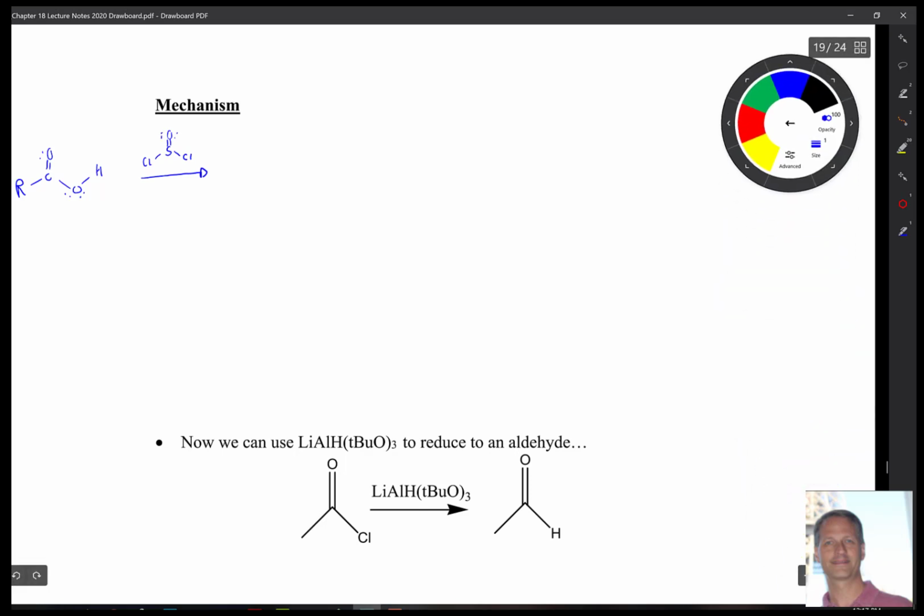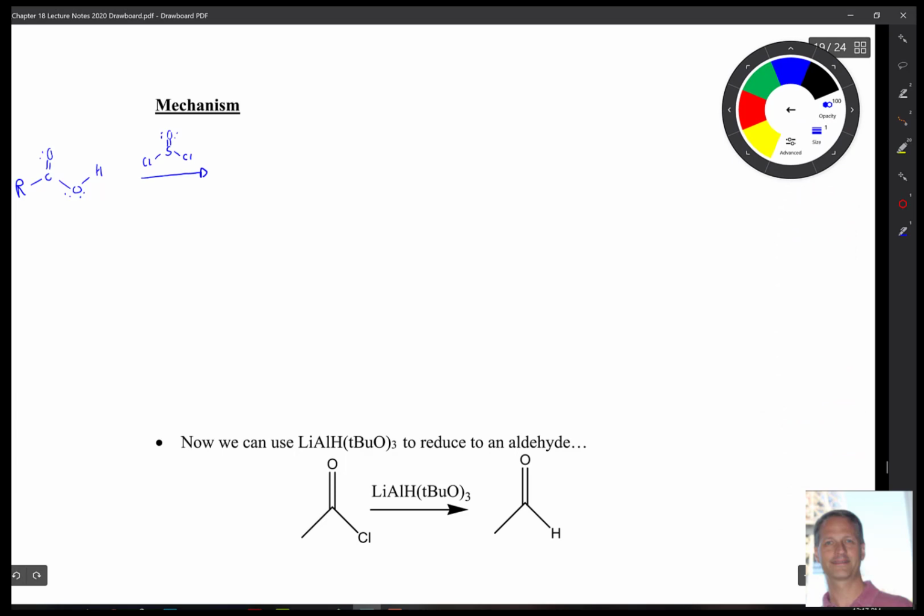So what we're going to do here first, remember, if you're trying to figure out what's going to happen here, that sulfur has a pretty good delta plus charge on it because you have all these electron withdrawing groups hanging out near it. Now we want to have one of these two oxygens react. We're going to pick the oxygen that generates the most stable intermediate, has the most resonance structures.